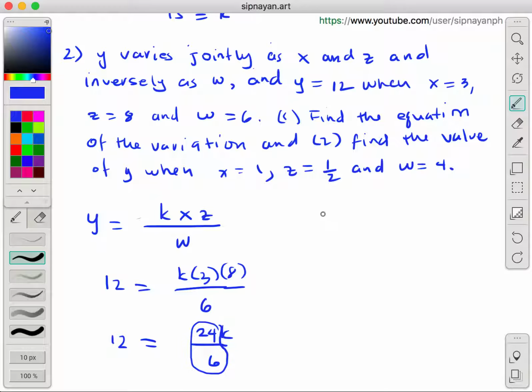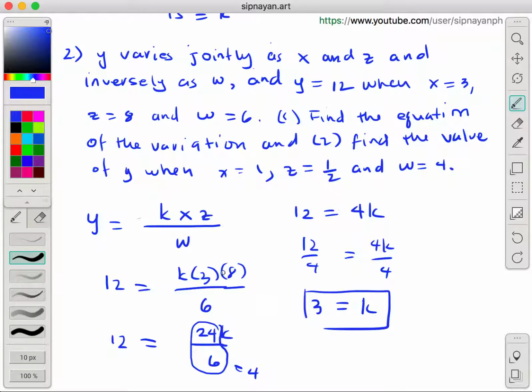So magiging 4k equals 12. And dividing both sides by 4, we have k equals 3. So meaning, pwede na natin substitute dito, magiging y equals 3xz divided by w.